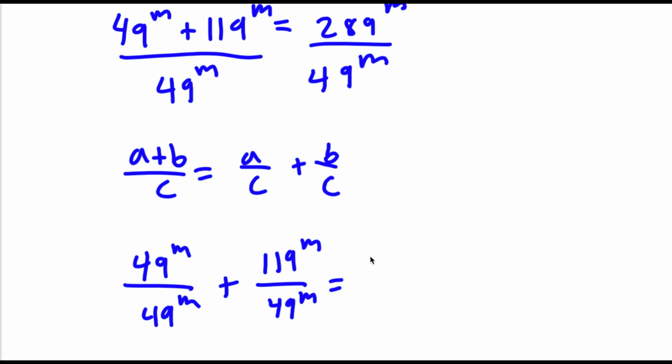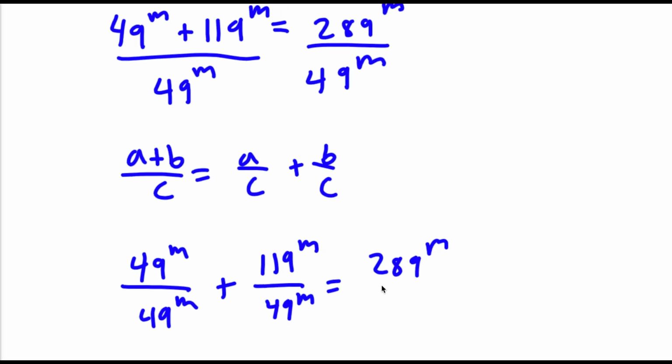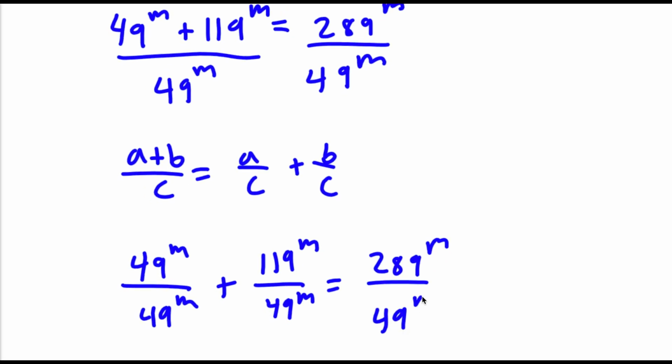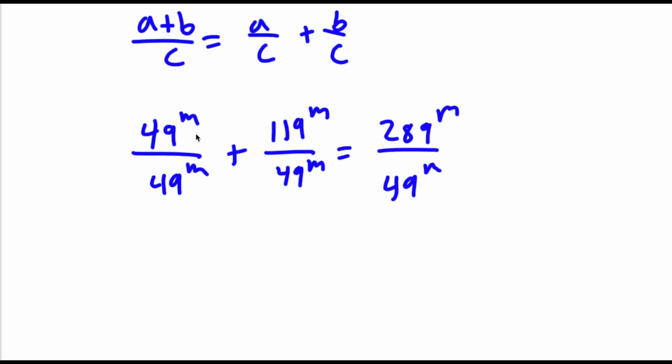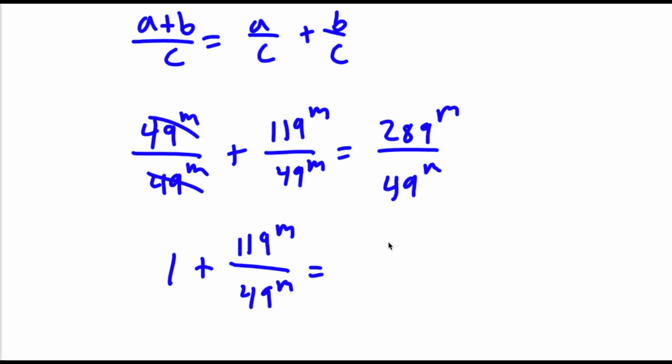This is still equal to 289 to the power of m over 49 to the power of m. Now, anything divided by itself is 1, so these two will simply cancel out, and I'm left with 1 plus 119 to the power of m over 49 to the power of m is equal to 289 to the power of m over 49 to the power of m.